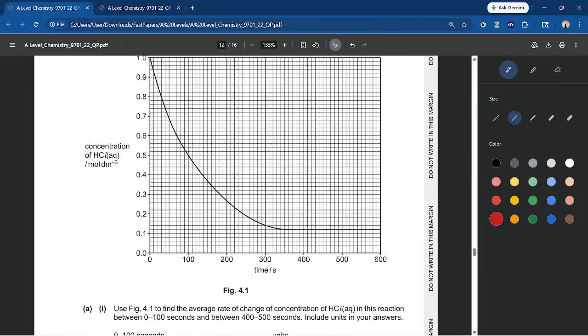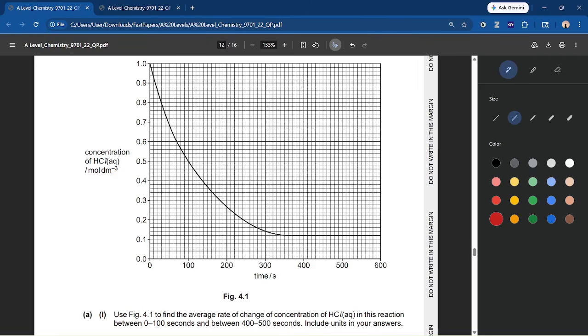So let's take a look. At 0, your concentration is 1. And at 100, your concentration is 0.5. So final minus initial, divide by time.